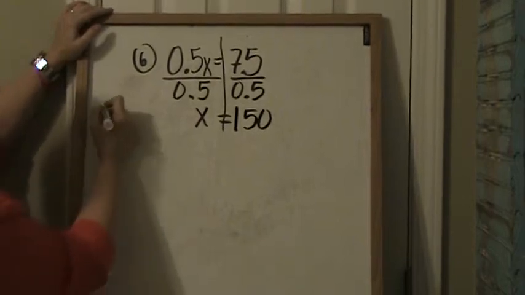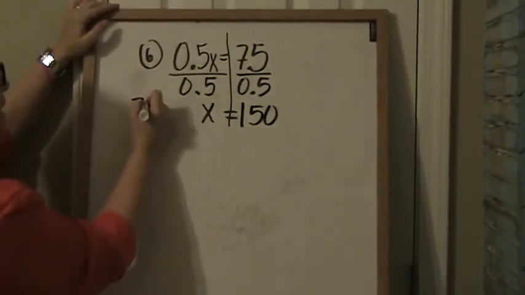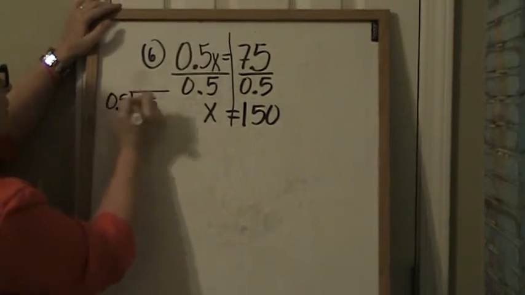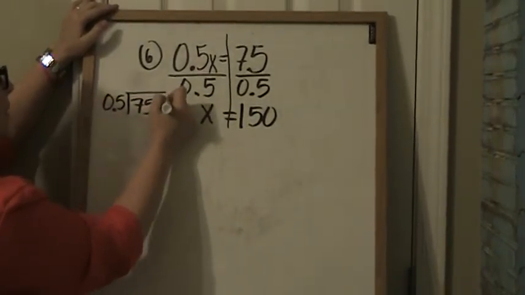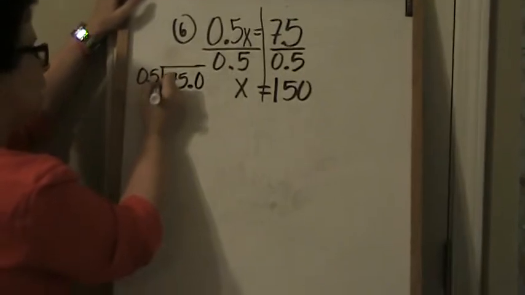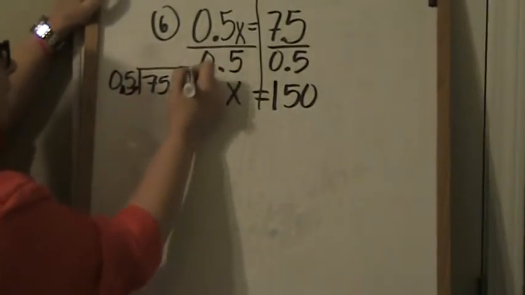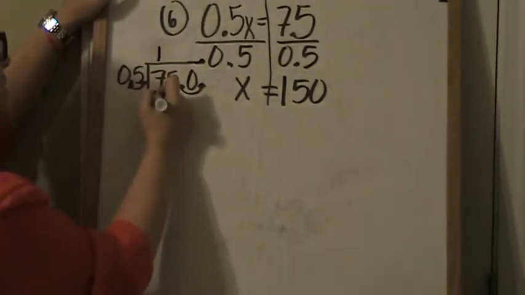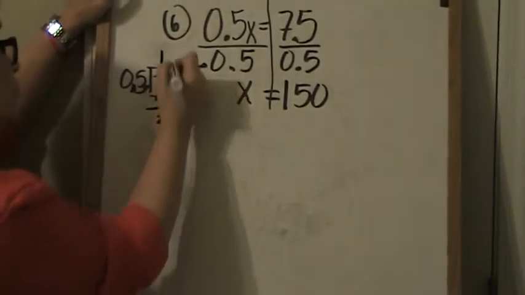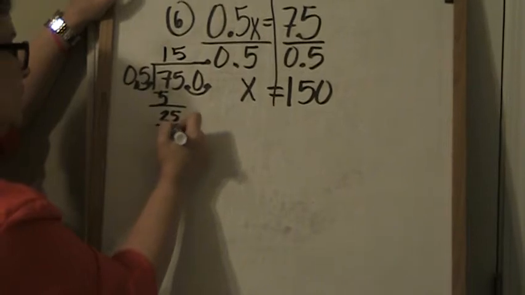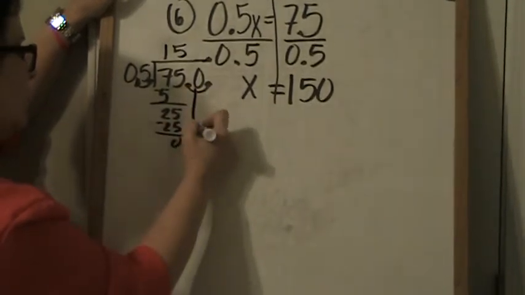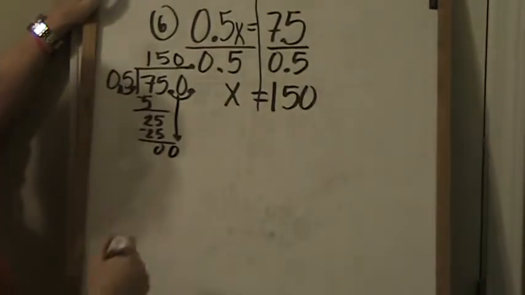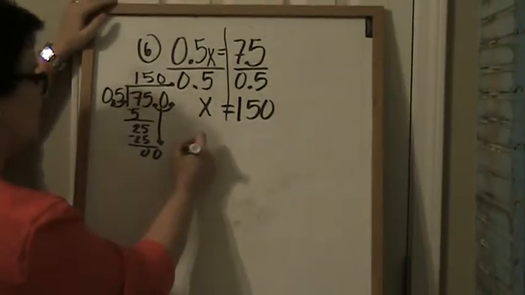Let me do 75 divided by 0.5. Decimals here. Got to move it once, put it up here. 5 goes into 7 once. 5 goes into 25 5 times. Last 0 has to come down. Your answer is 150.